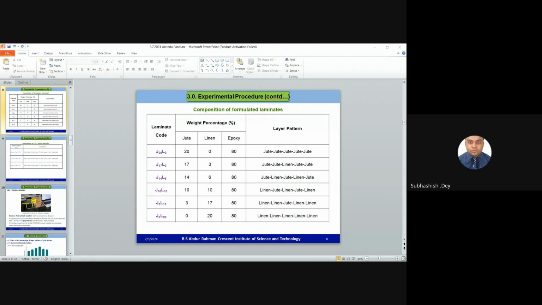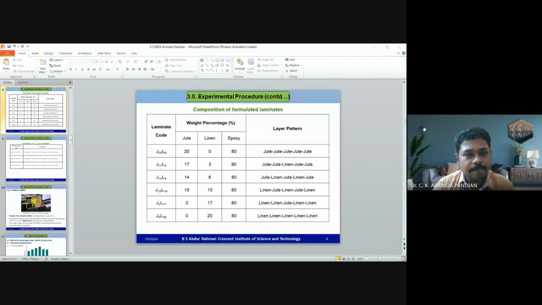So these are the laminates. The laminates are manufactured by the hand layup process. There are 6 laminates, and each laminate consists of 5 layers. The first laminate consists of only jute, and subsequently the jute fabrics have been decreased by adding the linen.